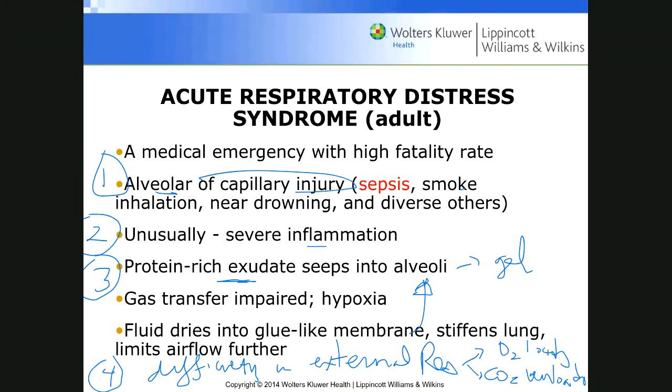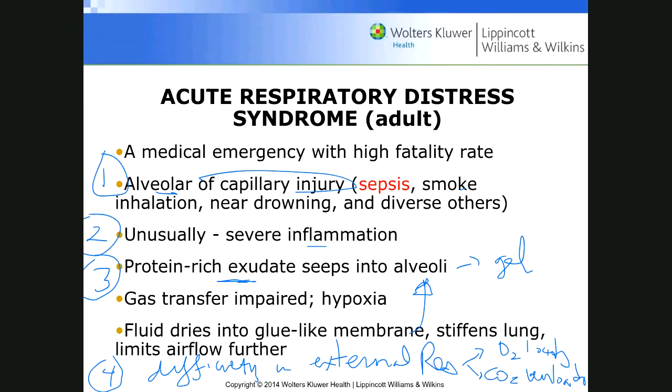So people go on a ventilator because oxygen cannot load. Oxygen is loaded into the blood, not out. And CO2 is unloaded out of the blood.